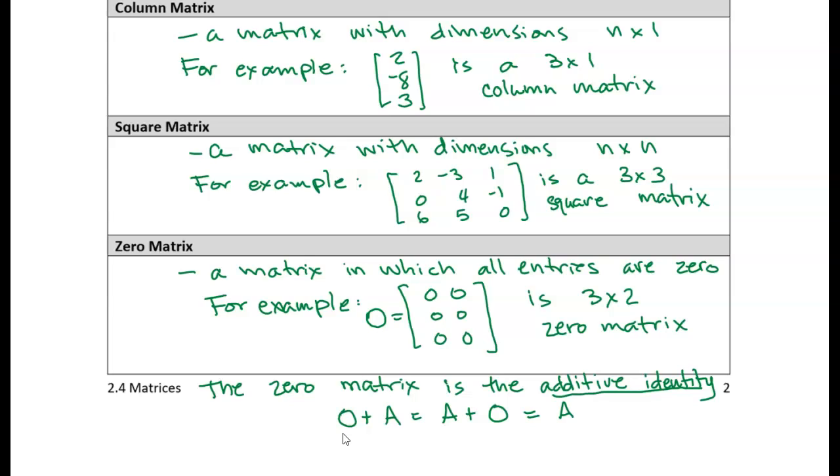So if you add 3 plus 0, you get 3. So it's called the additive identity. It's going to be more important when we start talking about the algebra of matrices, but essentially you can add 0 plus A or A plus 0, and you just get the same thing back. You get the identical thing that you added to 0.